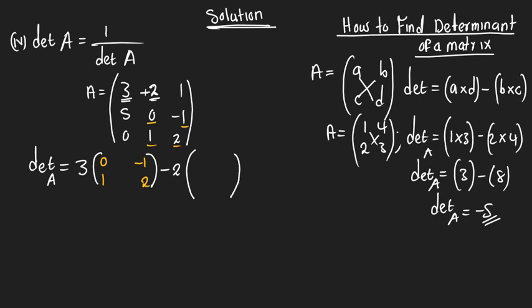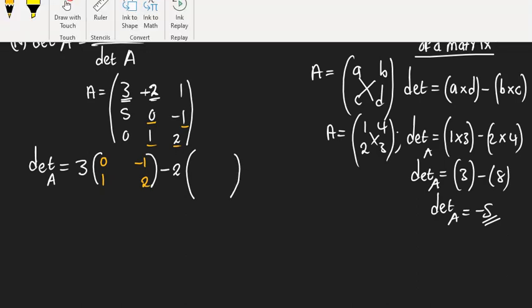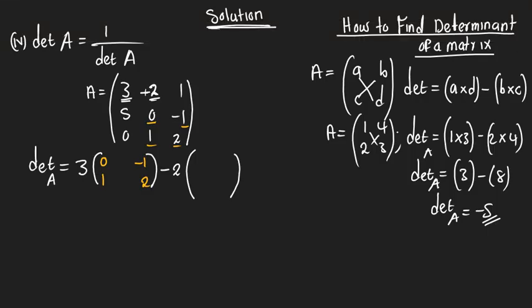Let's play some hide and seek. The row where 2 is, hide it. And the column where 2 is, hide it. Get what remains. This remains, that remains.